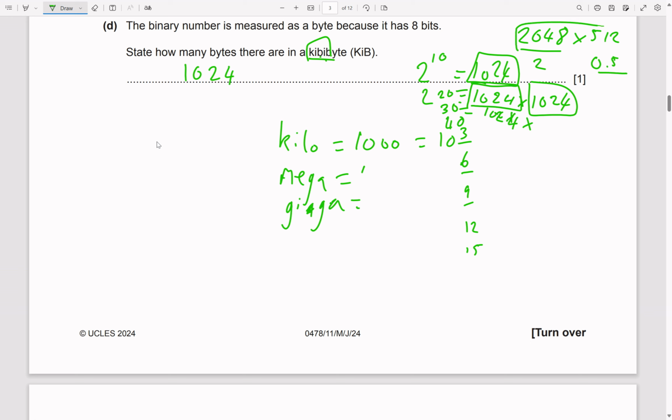So effectively, this sum is just equivalent to 1024 multiplied by 1024. That's going to be in mebibytes or mebibits, depending on the unit. So you can think of these numbers as multiples of 1024, effectively.